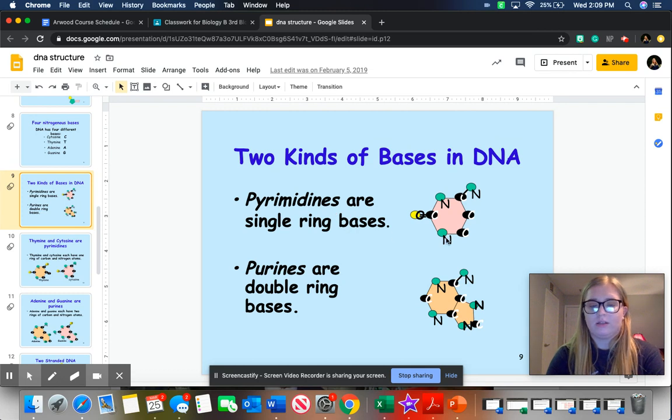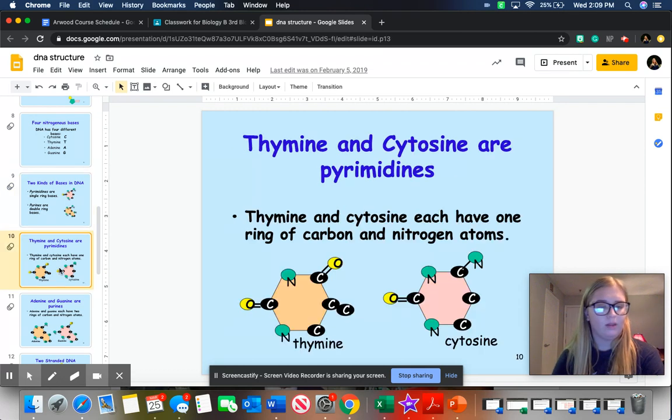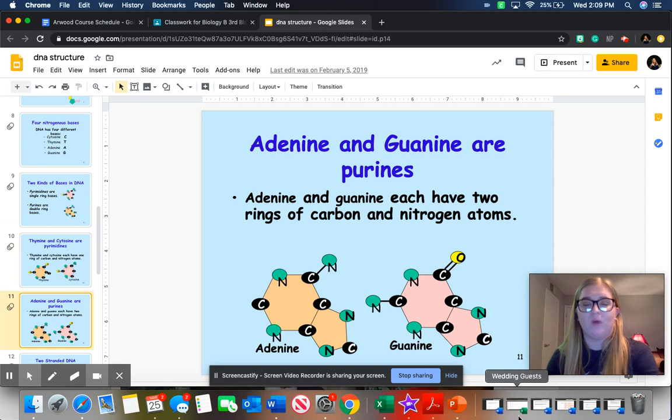Pyrimidines are the single ring base, and purines are double rings. So thymine and cytosine are pyrimidines. So they have a ring of carbon and nitrogen atoms. Whereas adenine and guanine are purines, and they have 2 rings of carbon and nitrogen atoms.